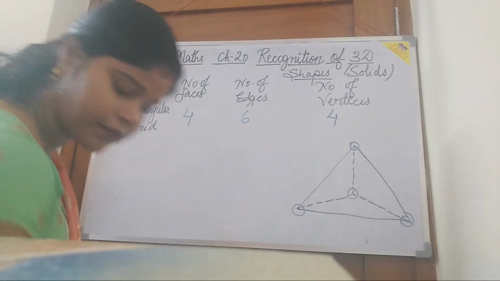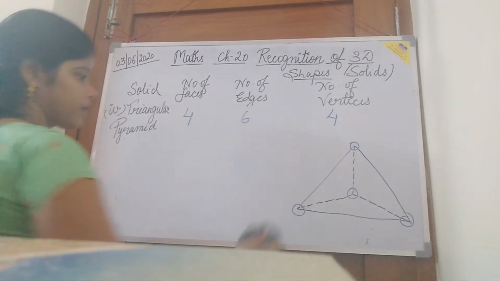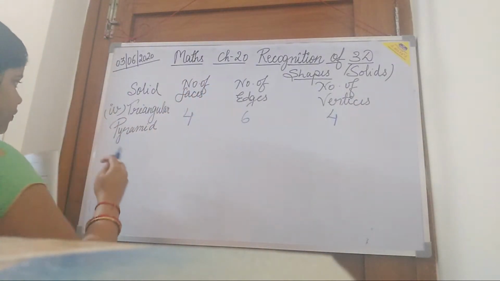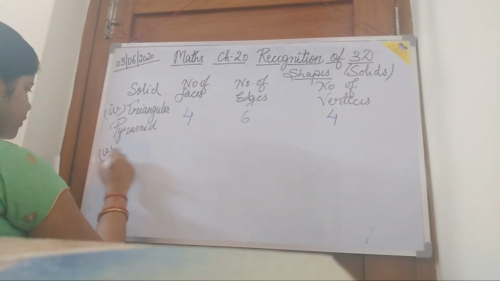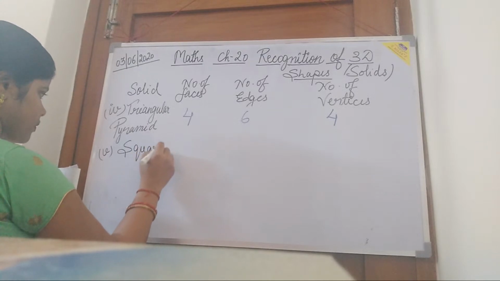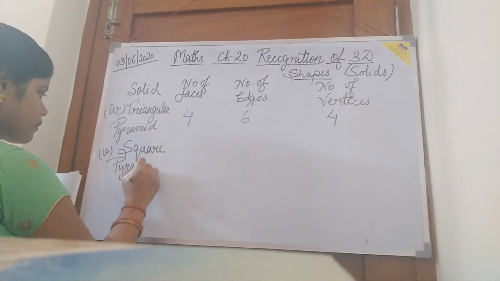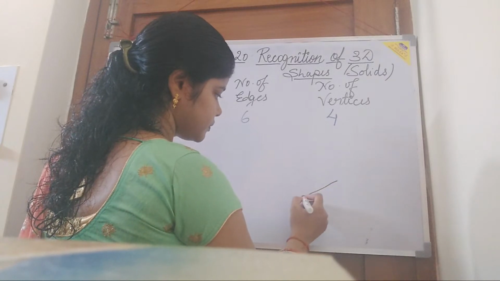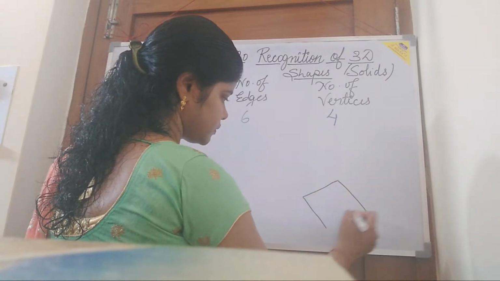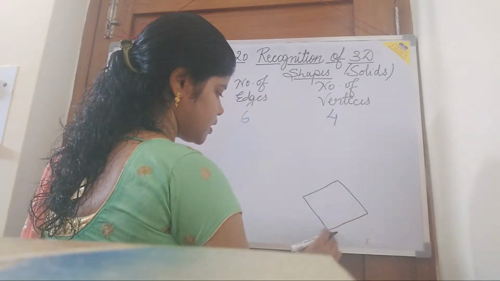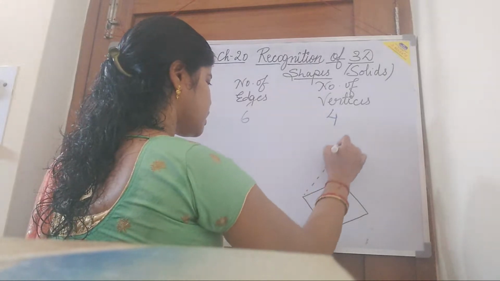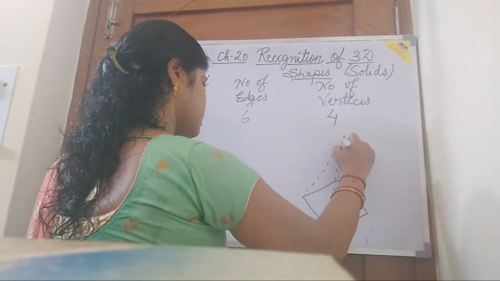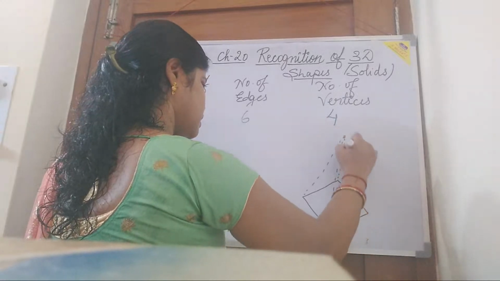Now the next one is a square pyramid. So in this square pyramid, this is your square and here we are going to draw the triangles over all its sides.